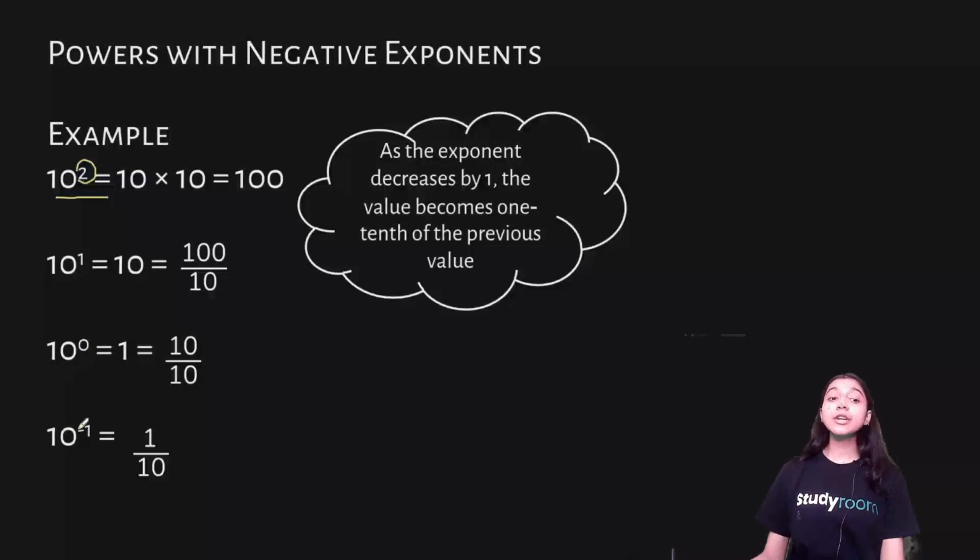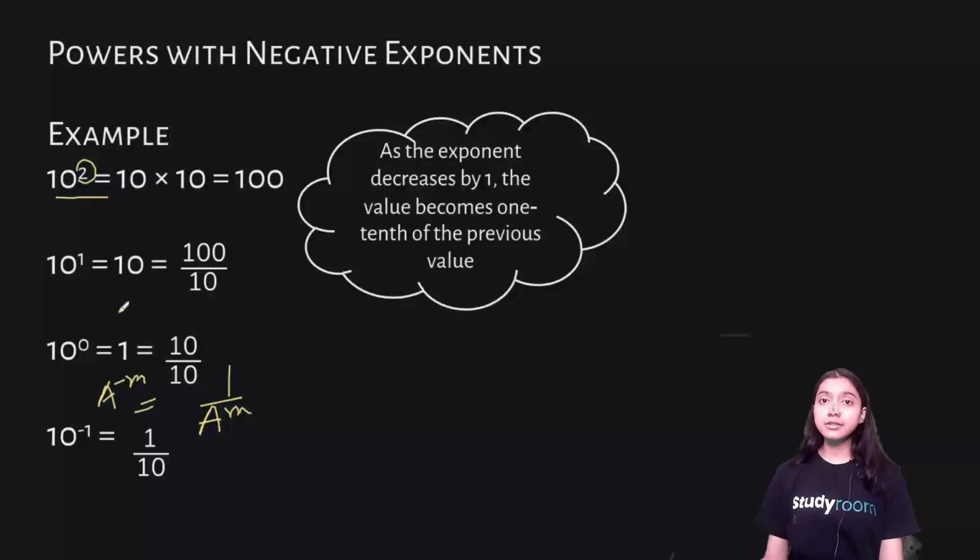And then if we have 10 to the power minus 1, I told you that a to the power of minus m can be written as 1 by a to the power of m. In a similar way, 10 to the power minus 1 will be written as 1 by 10. This minus sign will become positive. There is a conclusion here: the exponent is decreasing by 1.